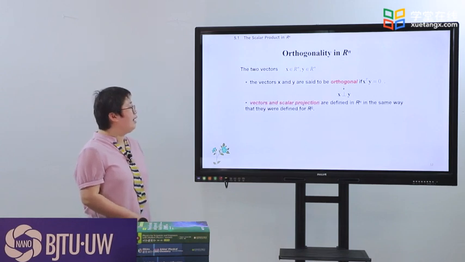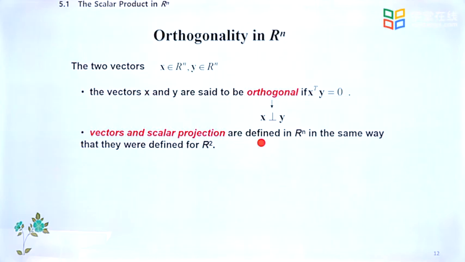Okay. Vectors and scalar projection are defined in Rn in the same way that they were defined in R2. So we can also consider the length of x plus y squared, which equals x plus y transpose times x plus y.